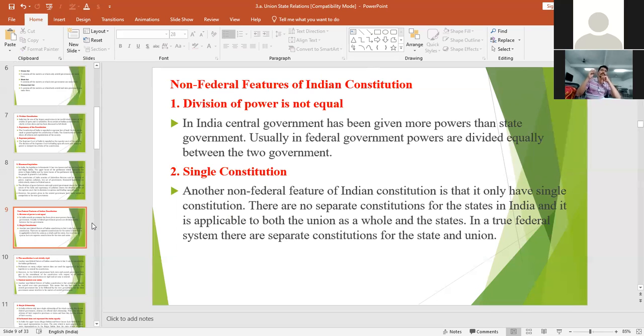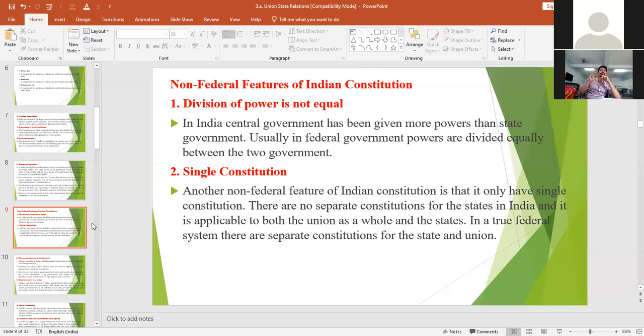Approximately 100 items are added in the central list and 60 plus items in the state list. And some issues like marriage and property are under the concurrent list. So the division of powers is not equal.